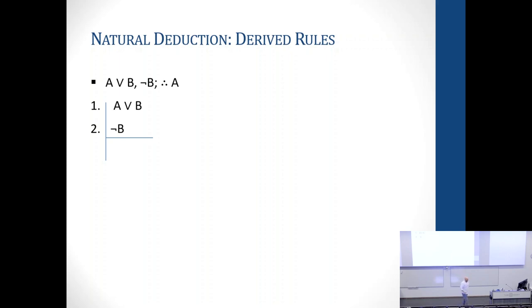So let's think. What result could our two subproofs try to get to? They can both get us to A. Right? One of them's really easy. We assume A and we use reiteration. The other one's a little more complicated. If we assume B, how are we going to get to A?